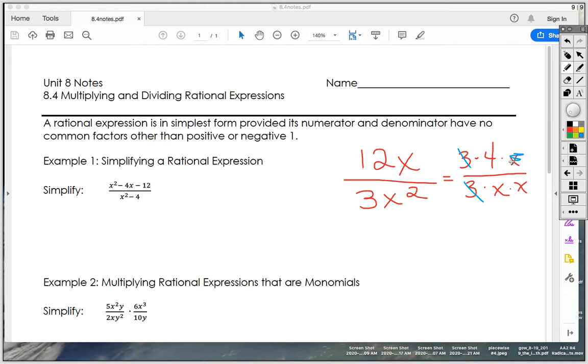We have an x at the top and the bottom, so they cancel each other out. So we have a single factor of 4 at the top, and we have a single factor of x at the bottom. So if I read this, a rational expression is in its simplest form provided its numerator and denominator have no common factors other than a positive or negative one, which is where we are.